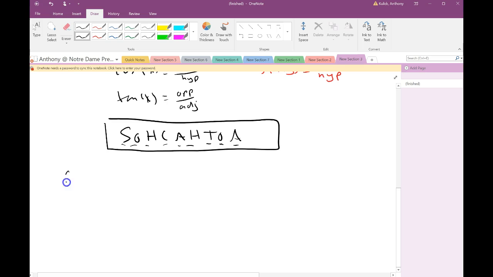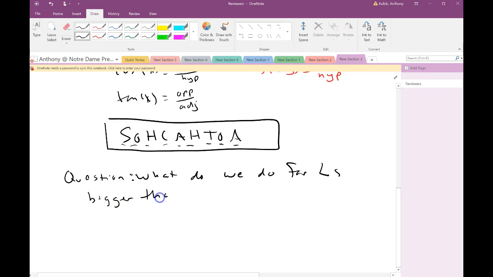The question now becomes, what do we do for angles that are bigger than 90 degrees? Because we can't rely on this right triangle definition if I have an angle that's bigger than 90 degrees, right?